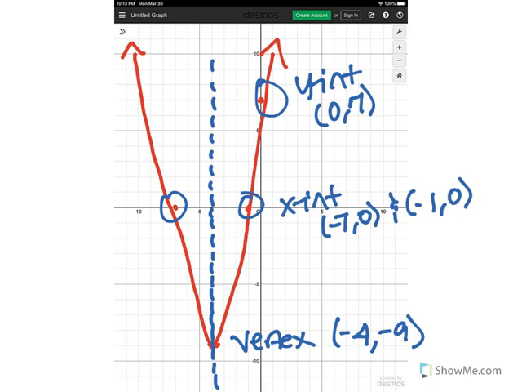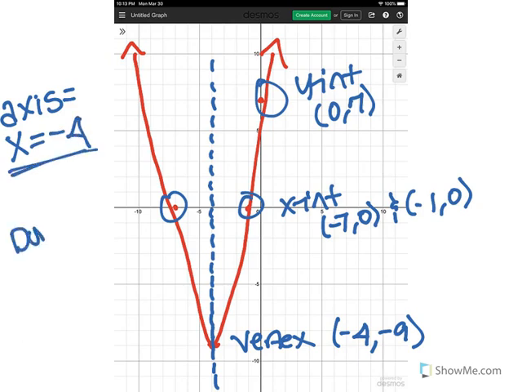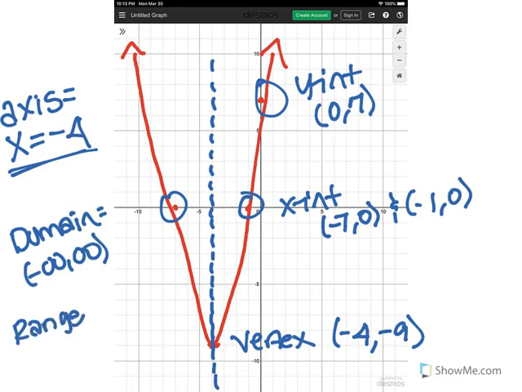And we know our axis of symmetry is x equals negative 4. And our domain for all parabolas is negative infinity to positive infinity. And our range is going to start at the y, which would be negative 9 to positive infinity.